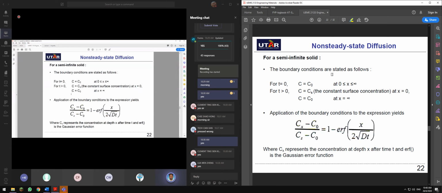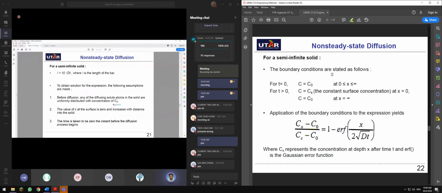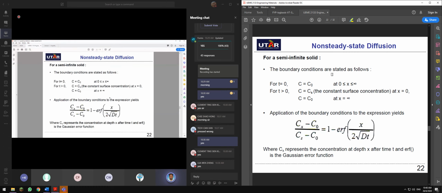All right. And once the time rolls out, the concentration will be C0, which is the concentration of solids at x equals infinity, an unknown distance. Try to understand this, and then application of the boundary condition of the expression yields this.